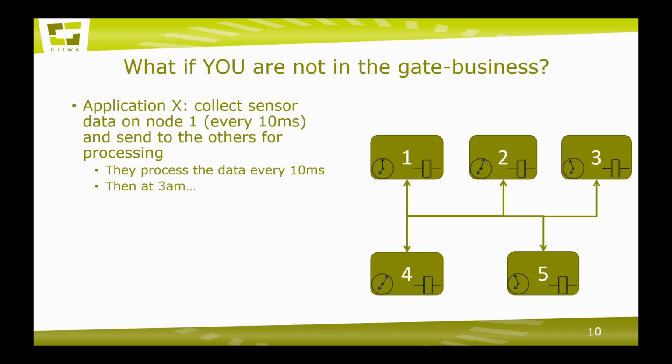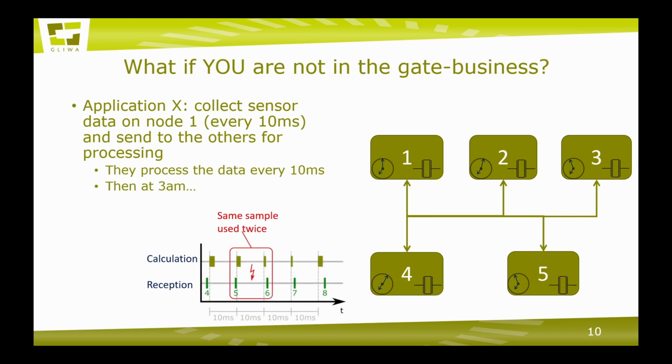Any application X that collects sensor data, say on node 1, every 10 milliseconds, and sends it to the others for processing, where they process the data every 10 milliseconds, will just chug along nicely, and then sometime at 3 a.m. in the morning, this happens. The reception of fresh data shifts slowly versus the calculation using that data, and eventually the same sample is used twice, or a sample might be dropped.